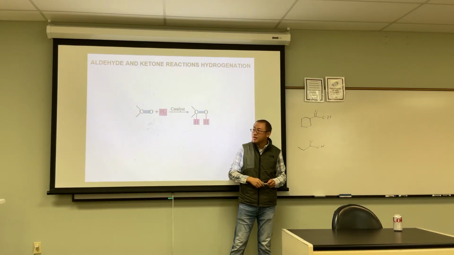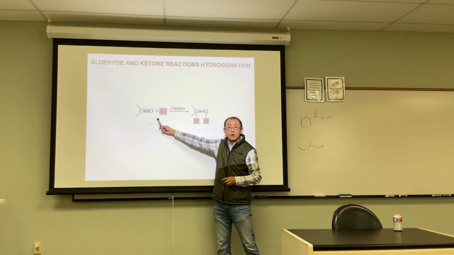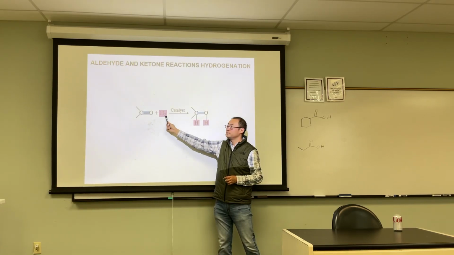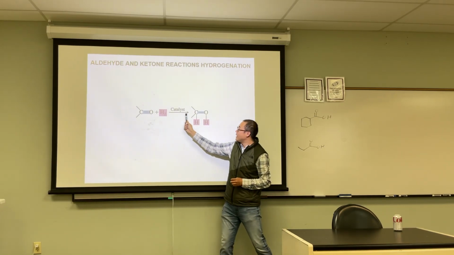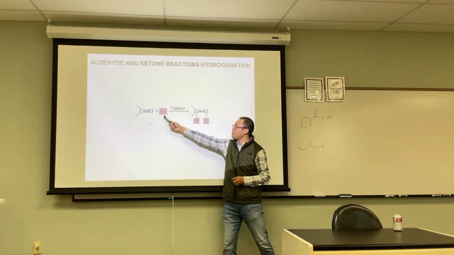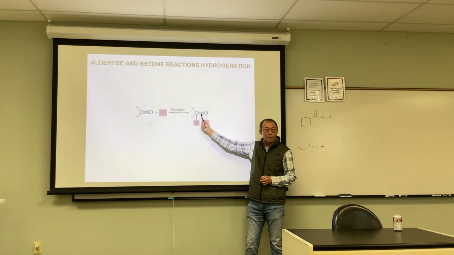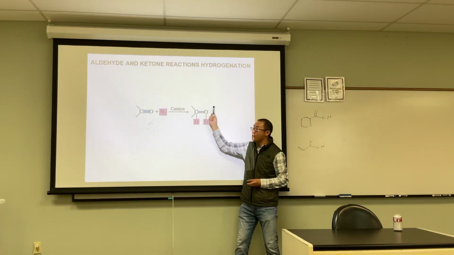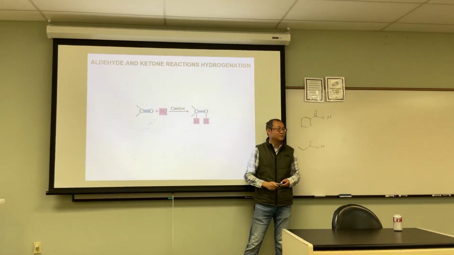If I treat the carbonyl group with hydrogen, what happened? Tell me in your own words. The C=O double bond becomes a single bond, and then each of these 2 atoms has added a hydrogen.